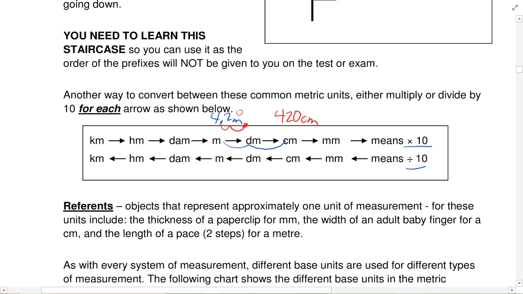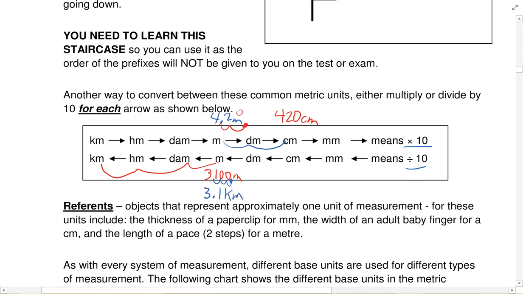And if I had a number, say 3,100 meters, if I moved 1, 2, 3 spots, I would have to take my decimal. Where would that be located right now? Right here, and I would move it 1, 2, 3 spots, and that would be 3.1 kilometers.